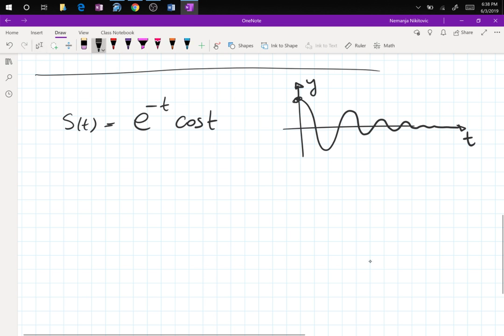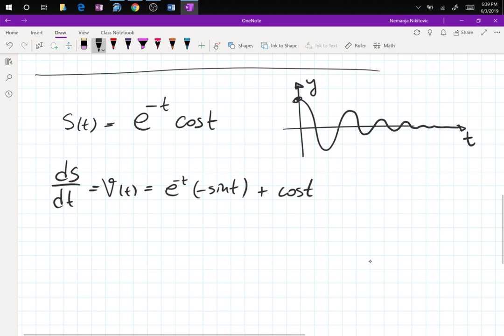Now, you have the equation for the position. You want to take the derivative of this, so ds dt, to find what we call the velocity function. And now, to take this derivative, we have to do what? Product rule, very good. You have a function e times the cosine. So you have two functions multiplied, you have to do that. So copy the first times derivative of the second plus copy the second times derivative of the first.